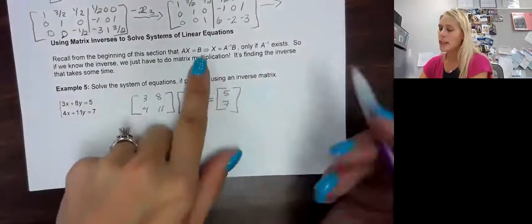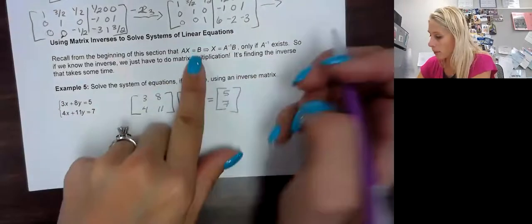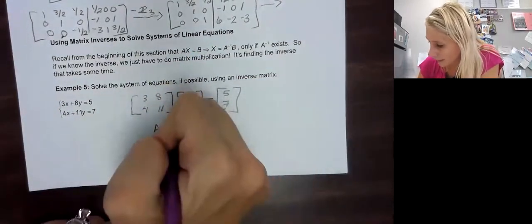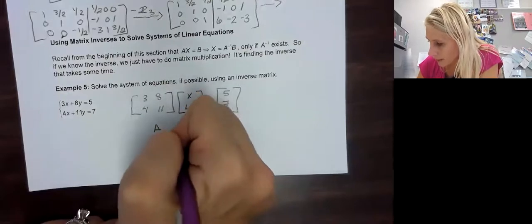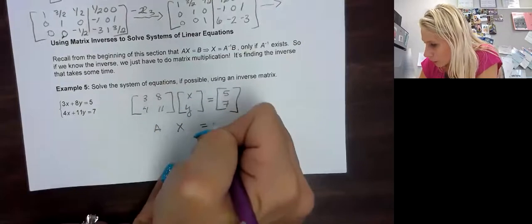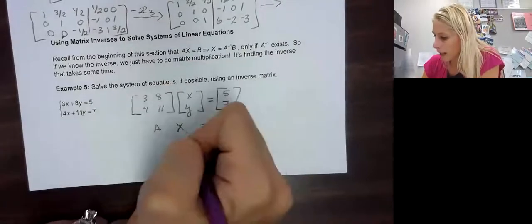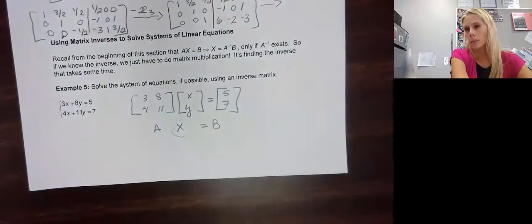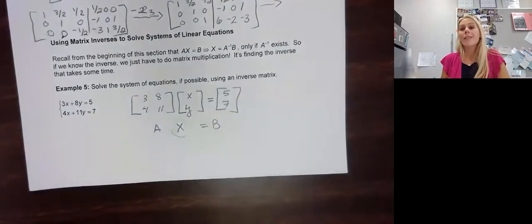So keep this in mind. This is very important. I just set this up as matrix A times matrix X equals matrix B. So again, we're solving for X. Now, if this were a normal algebra problem, you would say, let's divide by A. But of course, there's no division in matrices.